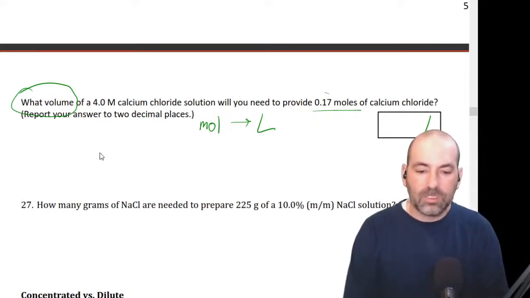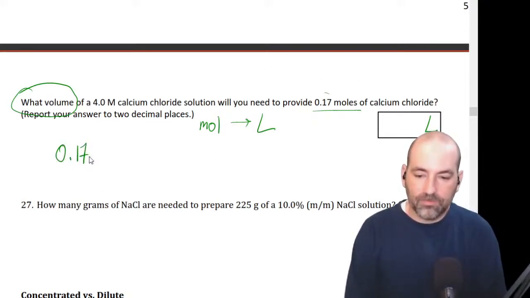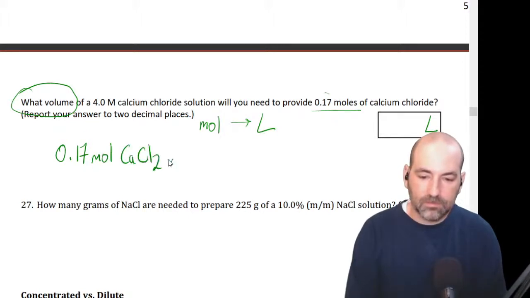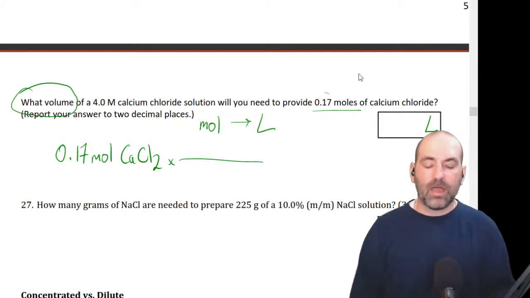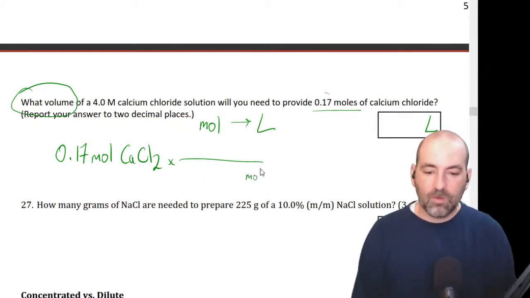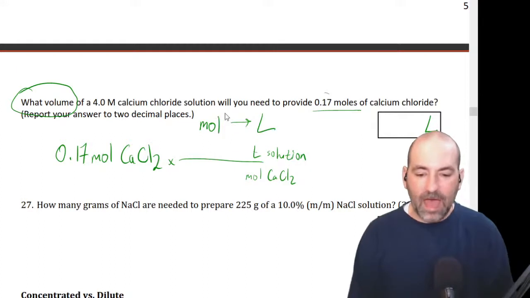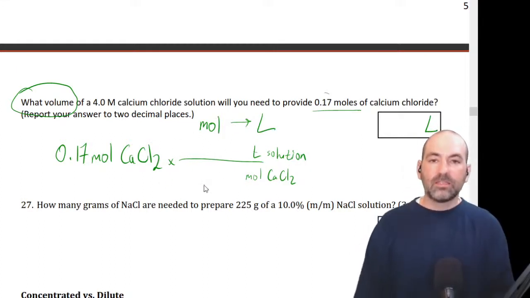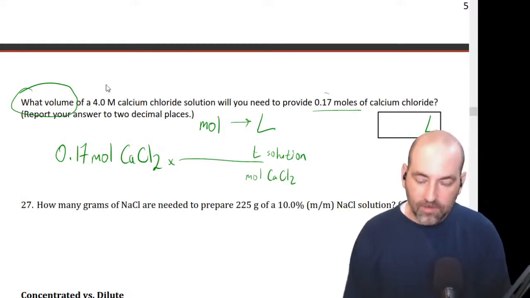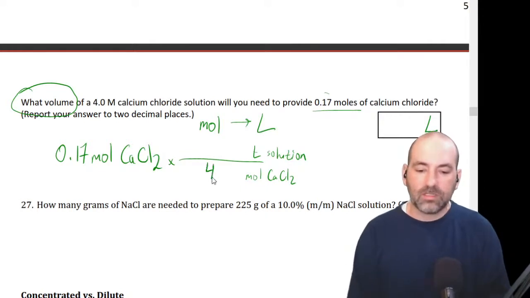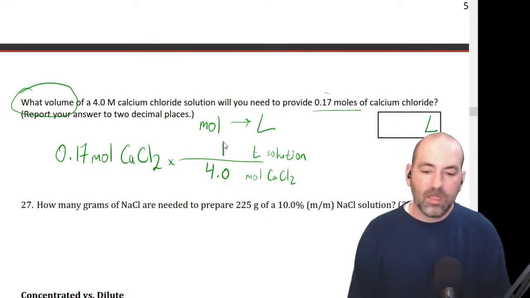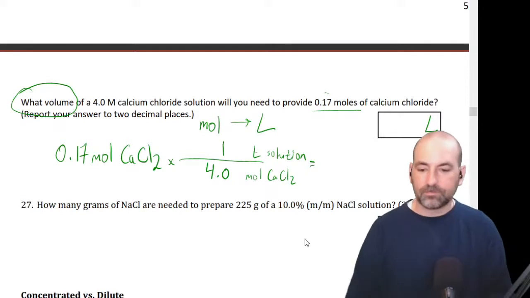We start with that 0.17 moles of calcium chloride, and then we multiply by a factor where we can cancel moles of calcium chloride and instead have liters of the solution. That conversion is the molarity. We have a 4.0 molar solution, which tells us there are 4.0 moles in every liter of solution.